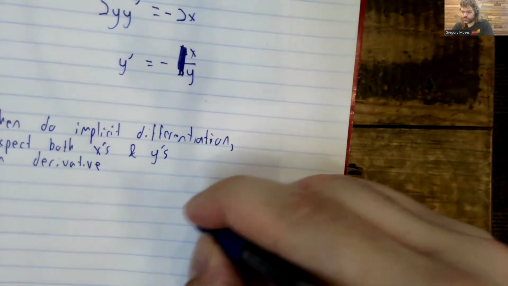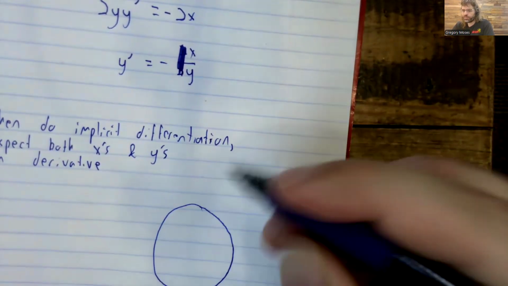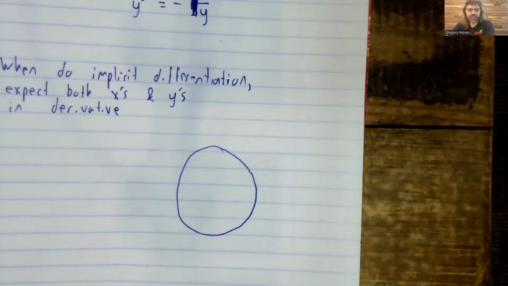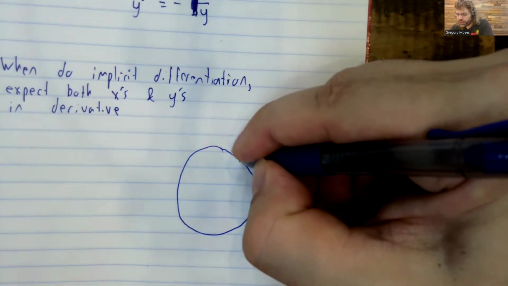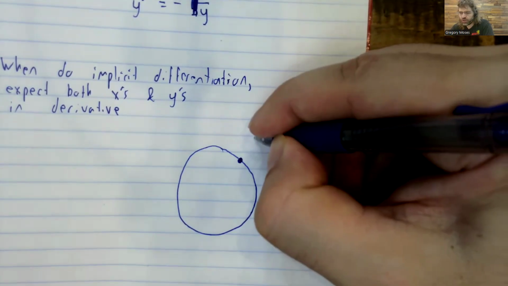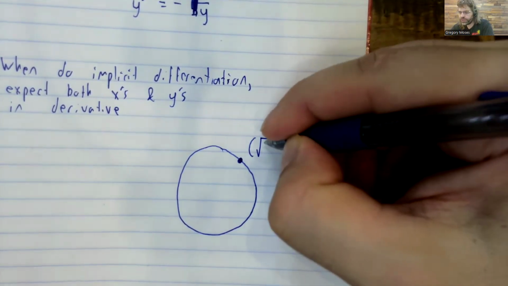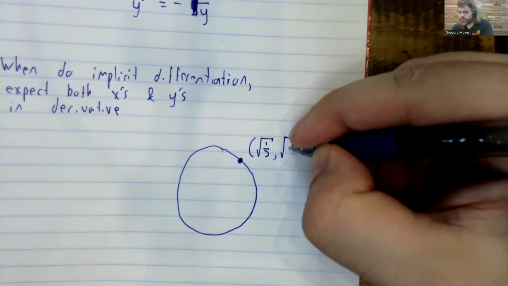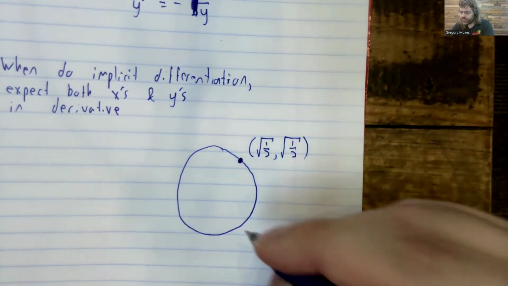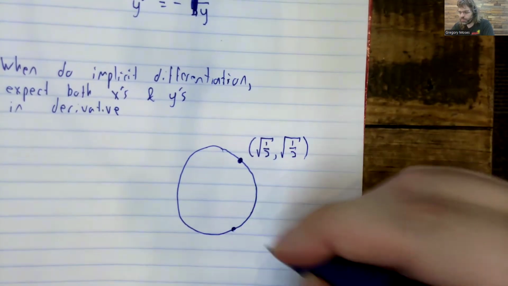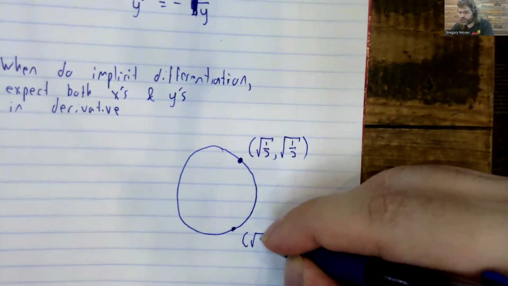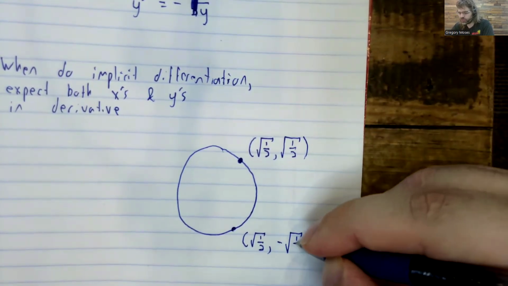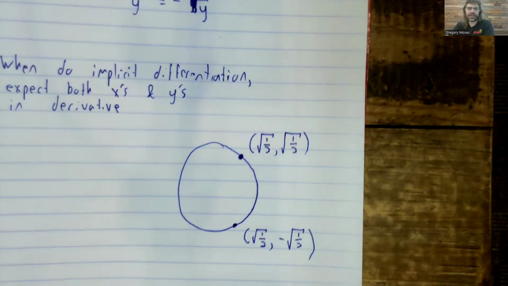Because suppose we didn't have x's and y's, suppose we only had x's. Well, the problem is that on this circle, we have the point, the square root of 1/2, comma, the square root of 1/2. But we also have the point, the square root of 1/2, negative the square root of 1/2.